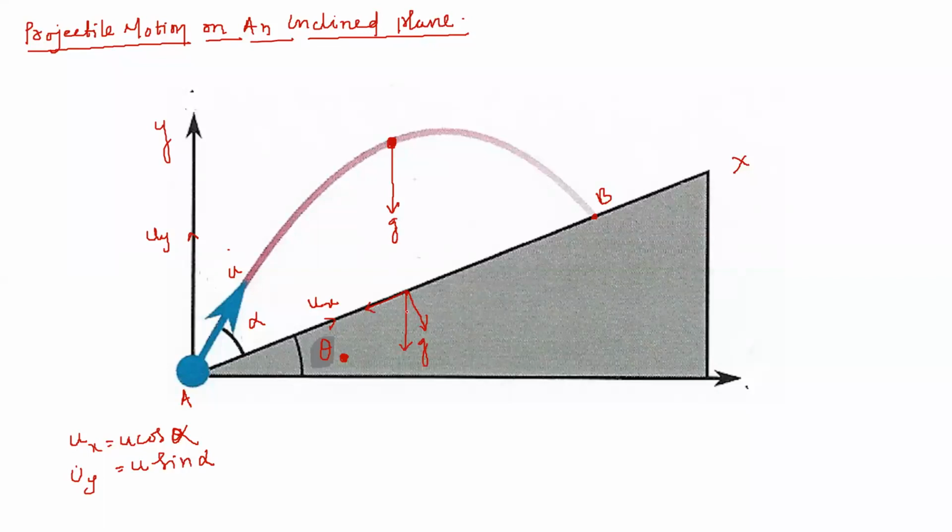If this is theta, this will be g cos theta, and in this direction it will be g sin theta. Getting? Yes or no?